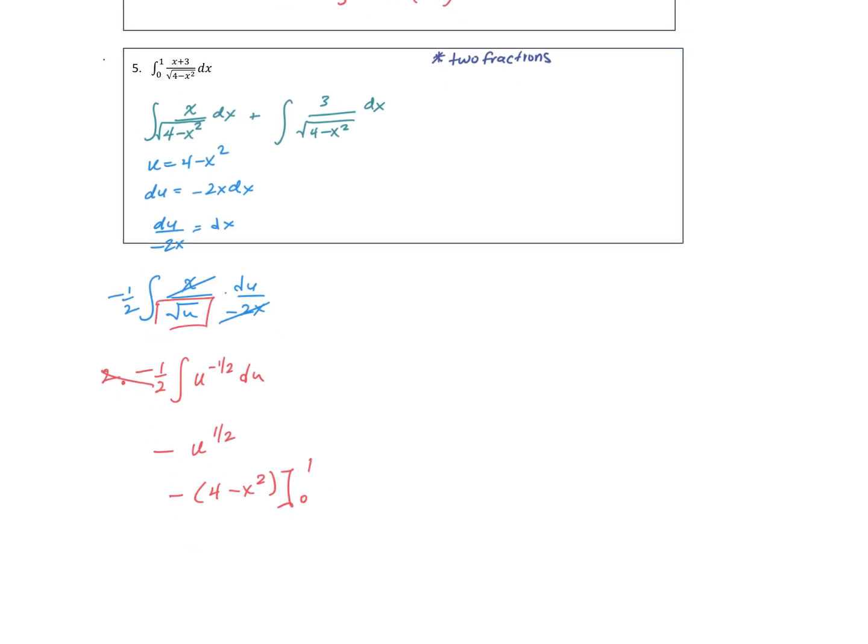So 4 minus 1 is 3, raised to the half. So it's going to be the square root of 3 with the negative in front, so it's negative root 3. And then I'm going to plug in the 0. So 4 minus 0, take the square root, you get 2. So minus 2. So that's just that side of it.